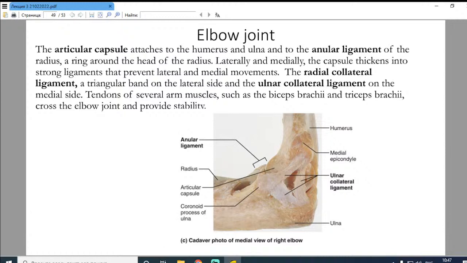Laterally and medially, the capsule thickens into strong ligaments that prevent lateral and medial movement: the radial collateral ligament, a triangular band on the lateral side, and the ulnar collateral ligament on the medial side.